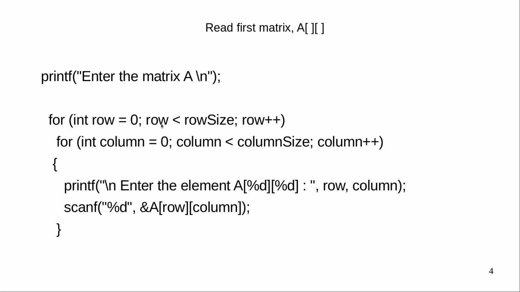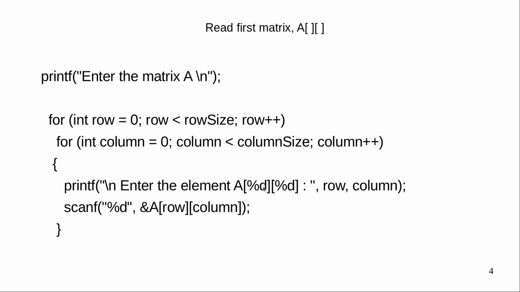We have two for loops there. The row is the outer loop and column is the inner loop. So you already know how to read values into a matrix. We have looked at it in the earlier classes. So we just enter matrix A with row size and column size as the size of the matrix.